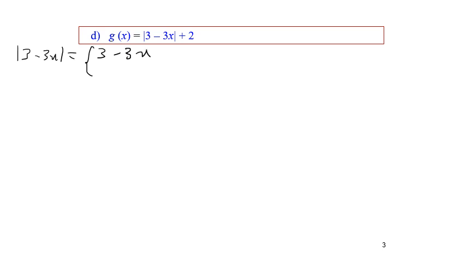So the first one will be negative definition, and the second one would be the positive definition. I say positive definition because when we expand the negative, it will come out to be 3x minus 3. So we can change the negative outside 3 minus 3x to be 3x minus 3.